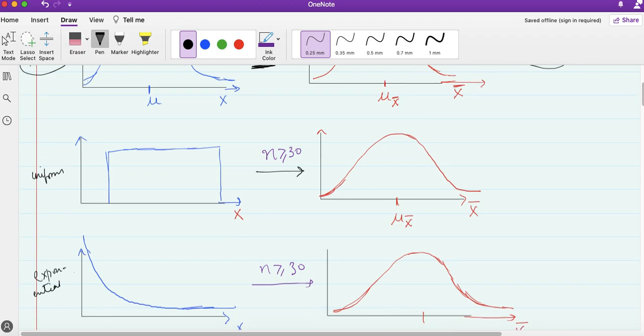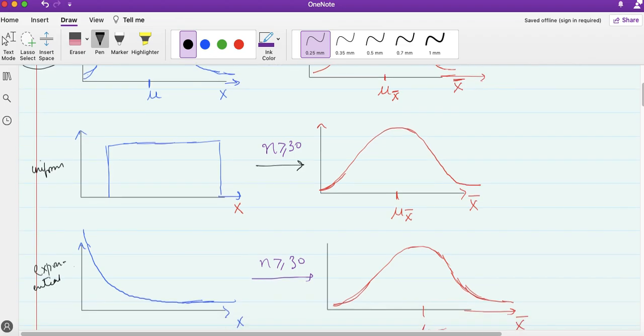In the second graph, I have tried to explain graphically. Let's say the parent population is uniform, and we consider samples, find the mean of each sample and plot it. If the sample is sufficiently large, greater than or equal to 30, then we observe that the obtained pattern will be normal, right?